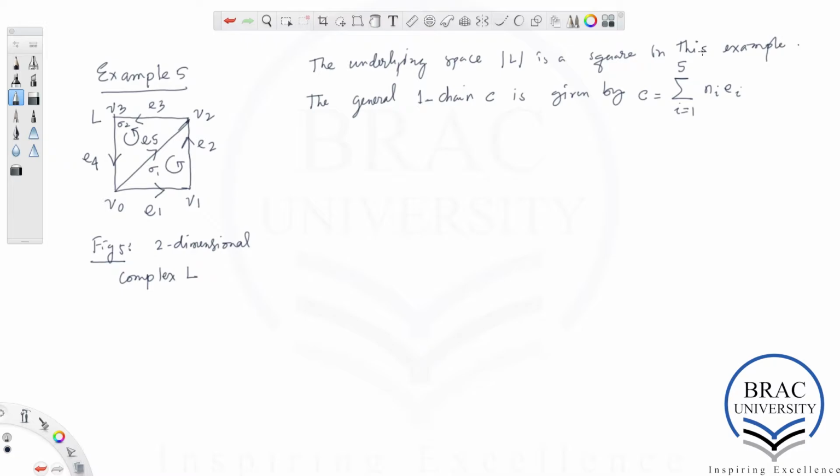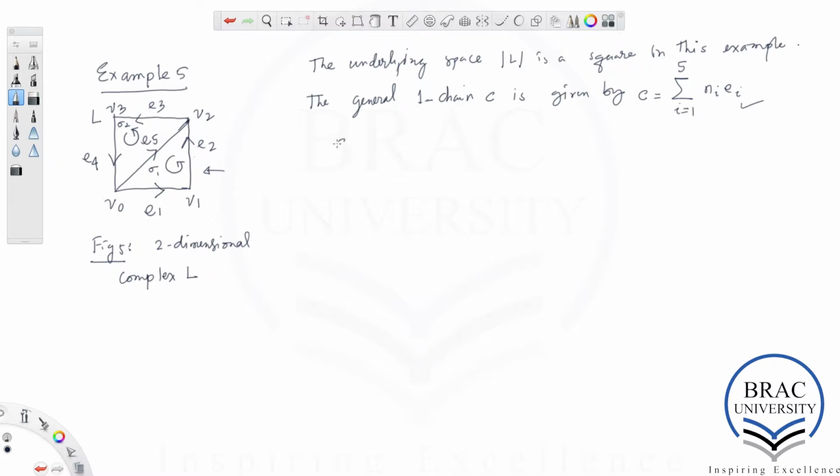So E1, E2, E3, E4, and E5 are the oriented one simplices given in this figure 5. And in this sum, these Ei are the elementary chains corresponding to these oriented one simplices in this complex L.